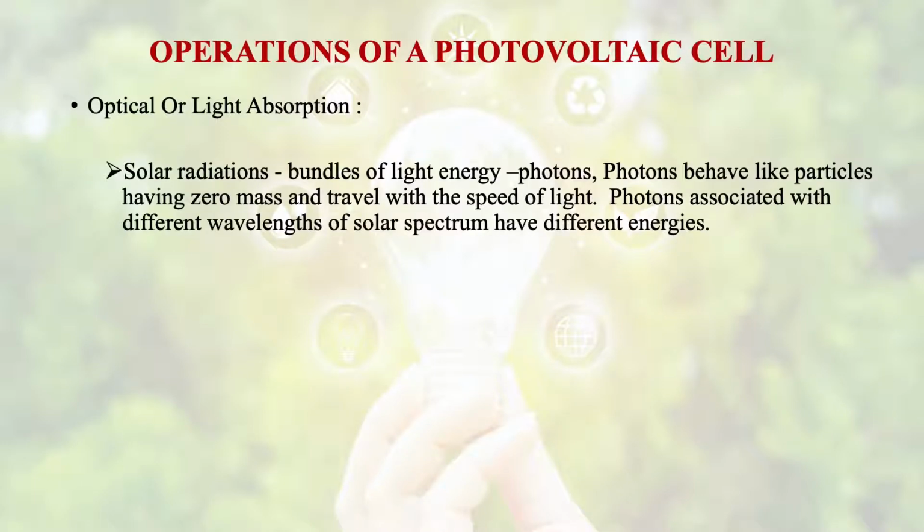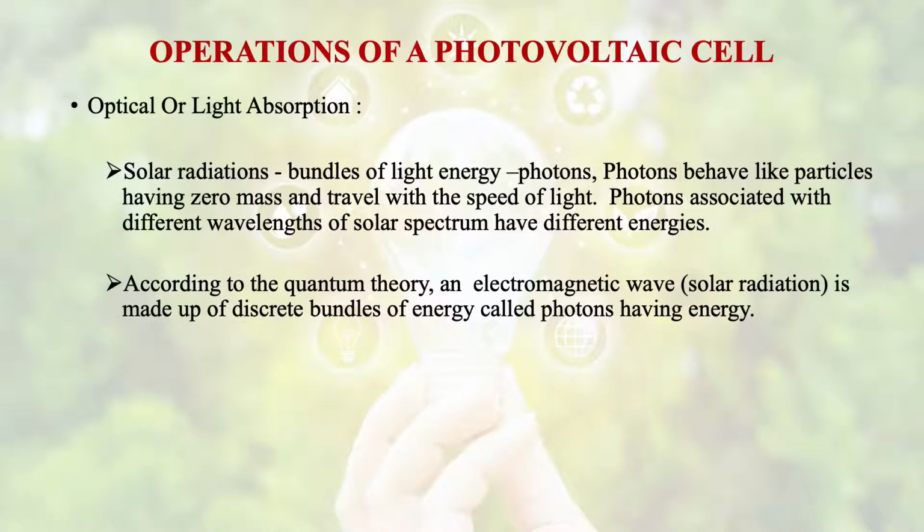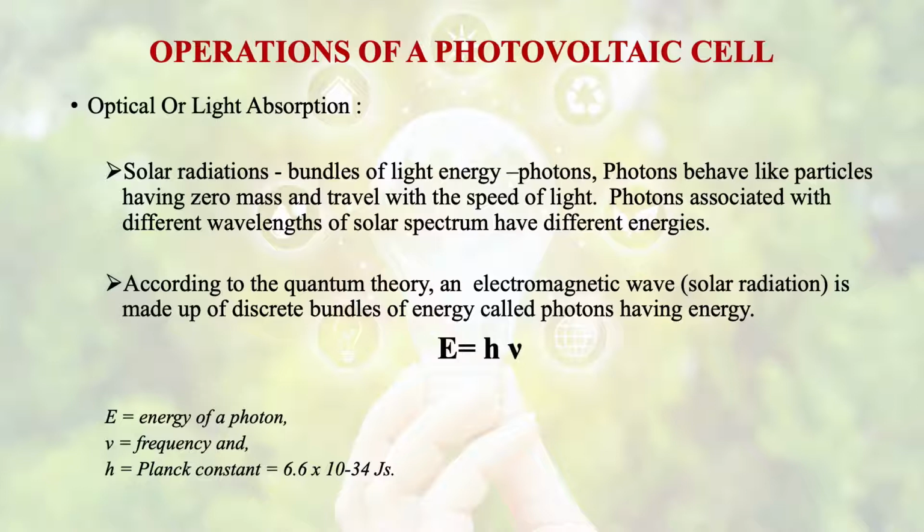Solar radiation, which is sunlight, is a bundle of light energy, photons. Photons behave like particles having zero mass and travel with the speed of light. These photons are associated with different wavelengths of the solar spectrum and have different energies. According to quantum theory, an electromagnetic wave or solar radiation is made up of discrete bundles of energy called photons, having energy E equal to h nu.